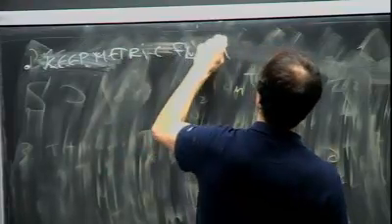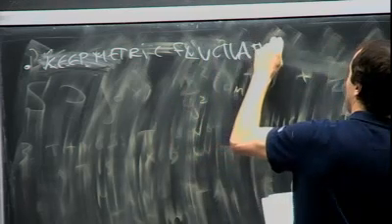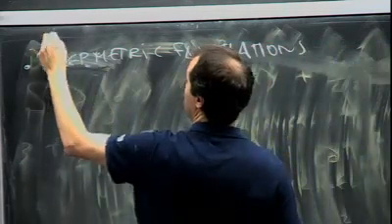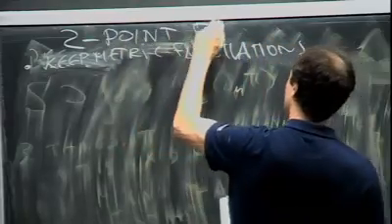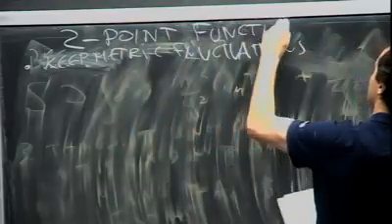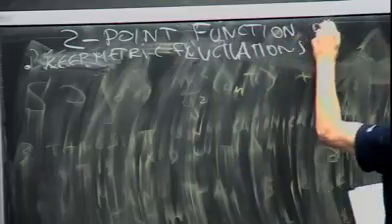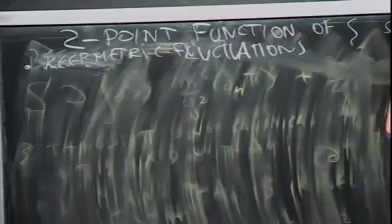So now we're going to compute rigorously the two-point function of zeta, starting from pi. So the same thing we did in the first lecture, now we do it carefully.